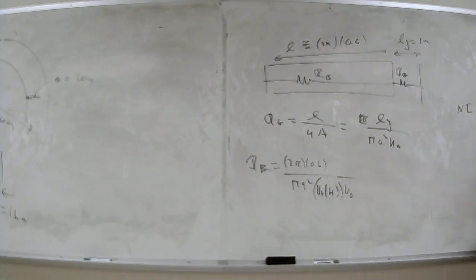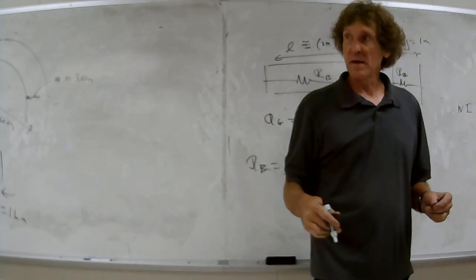The first thing is the reluctance of the bar, and this is the reluctance of the gap. Now we can find the magnetic flux by saying it's equal to NI over the sum of the reluctance of the bar plus the reluctance of the gap. Can you all follow the thought process? With me?